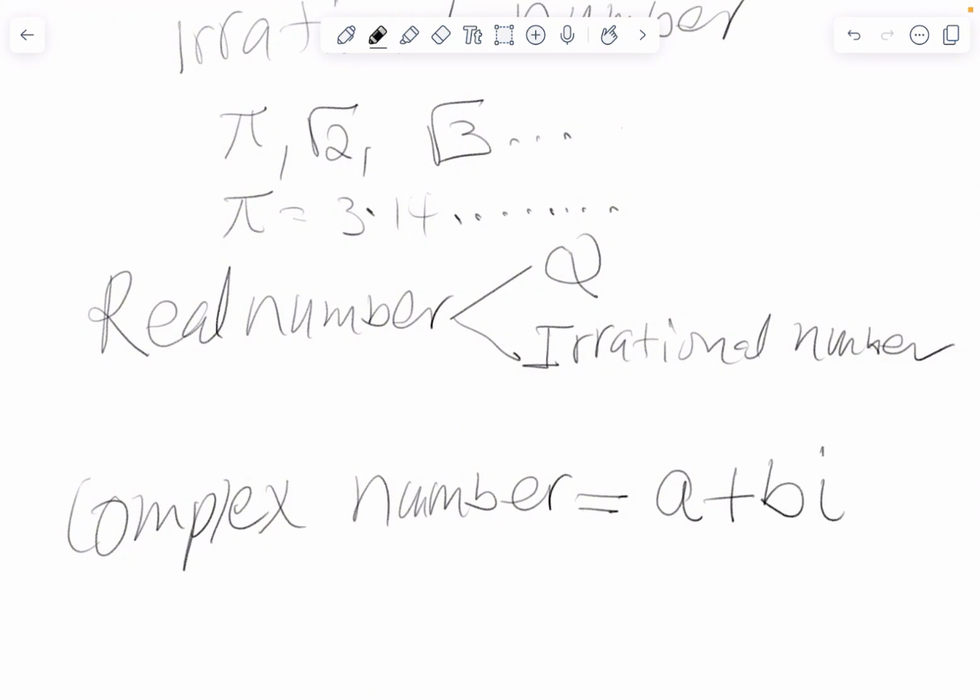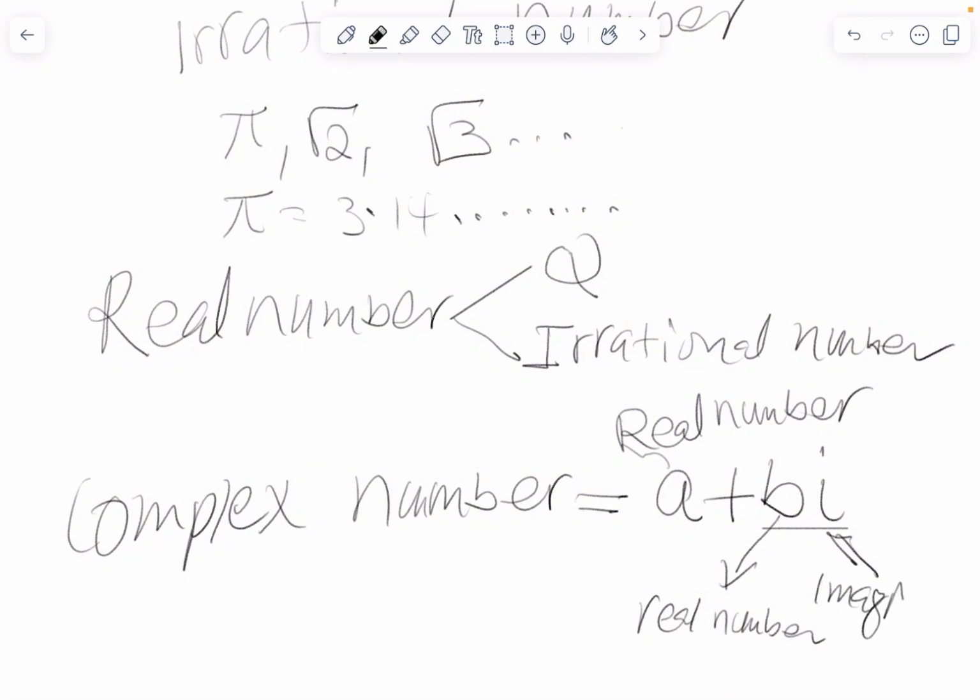A is a real number, b is also a real number, but i is the imaginary unit.